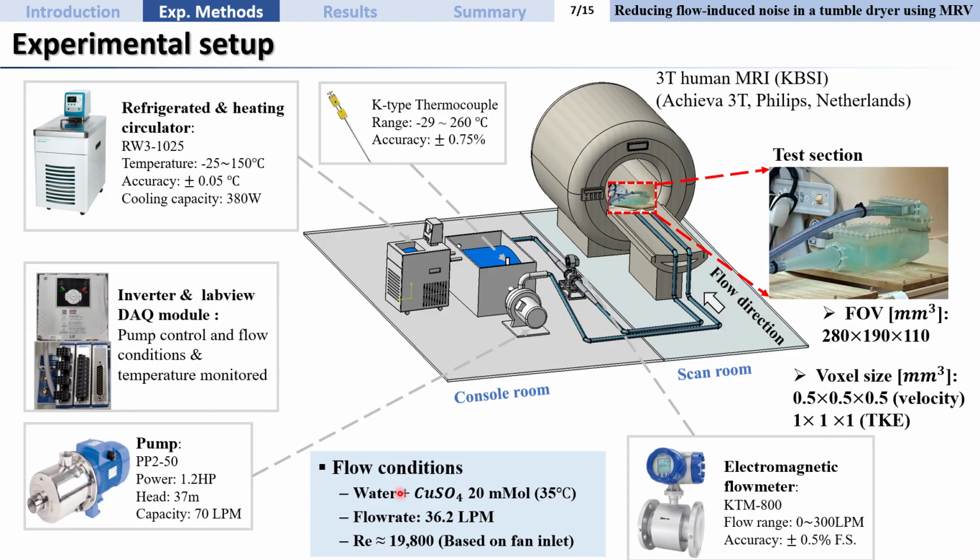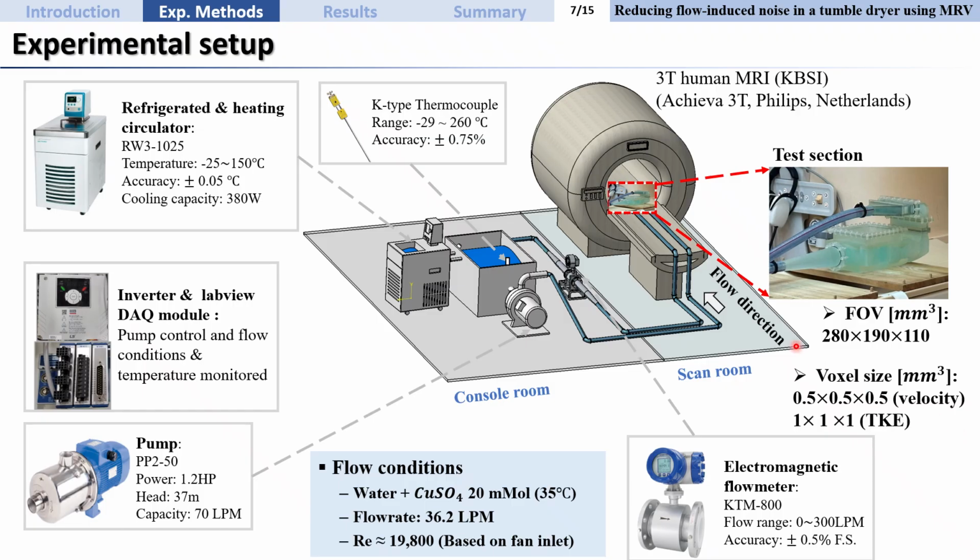A copper sulfate aqueous solution was used to enhance signal-to-noise ratio and reduce noise. And regarding the scan parameters, we set the isotropic spatial resolution to 0.5 millimeters for the velocity scan and 1 millimeter for the TKE scan.